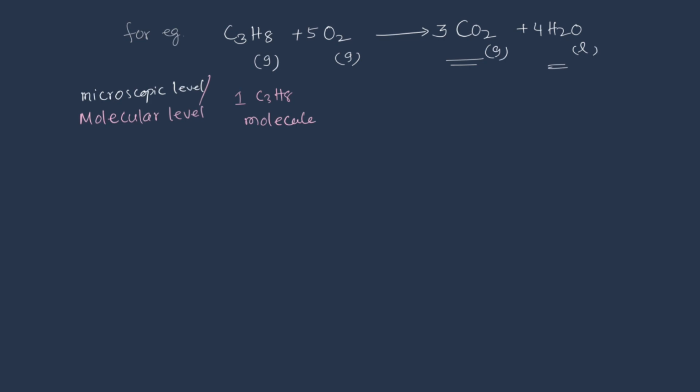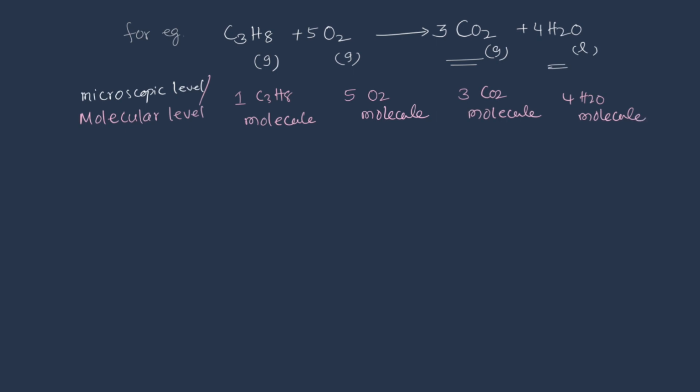So this balanced equation indicates both the molecular level and the mole level. First I am dealing with the molecular level. Next one is the mole level. So now this is 1 C3H8 molecule and 5 oxygen molecules, then 3 carbon dioxide molecules, 4 water molecules.